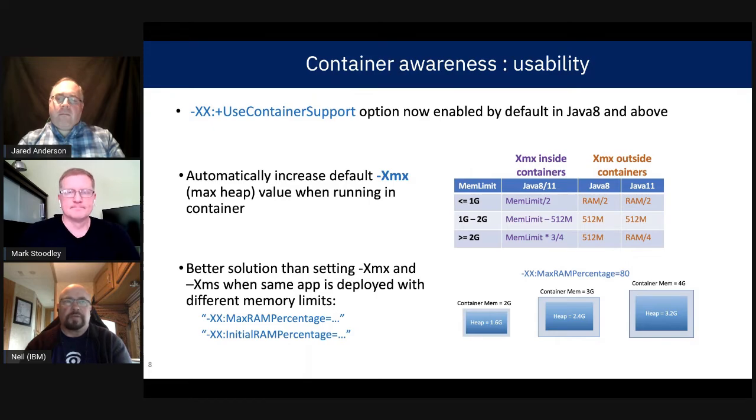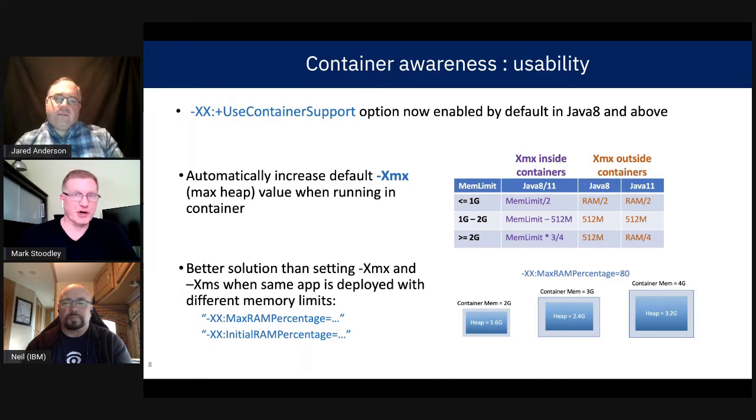Okay, and the recommended max heap size for use in a container, is that also something that differs? It's something that varies depending on your application. It all comes down to how much of the memory you need for the heap versus how much of the memory you need for native allocations.